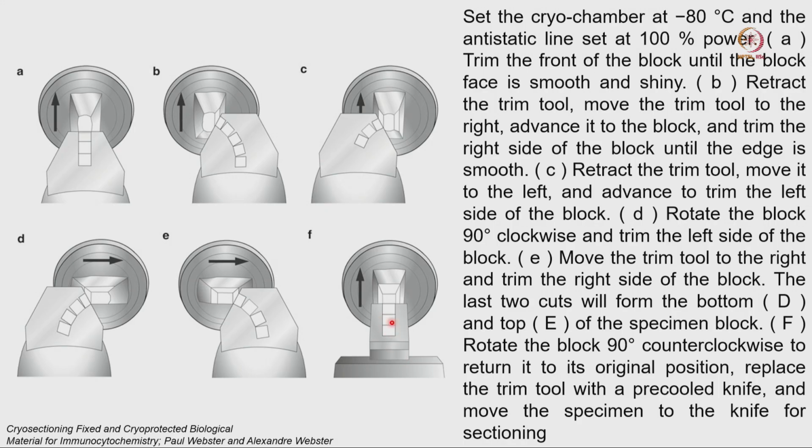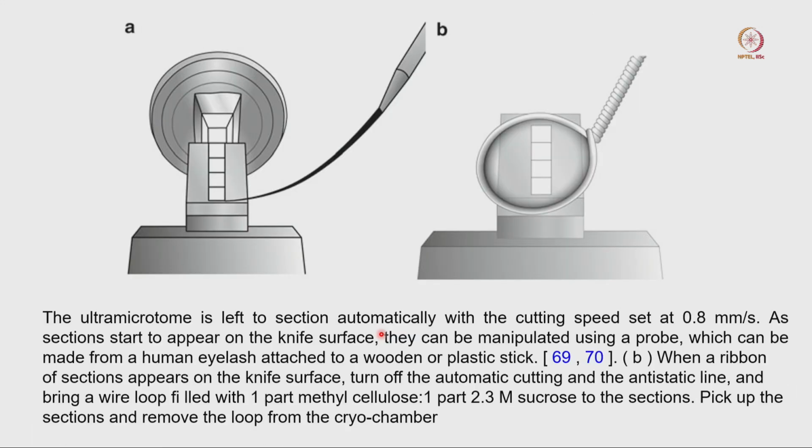Then we rotate the tissue sample again to an elongated version, use this glass knife, and gradually get sections of this cell sample. Next, when we get the section of this cell, there is a loop, a tool, and the section will float on top of the water.